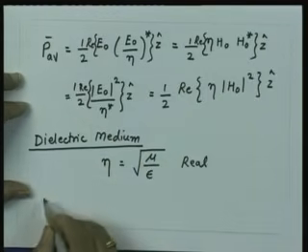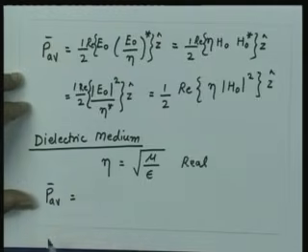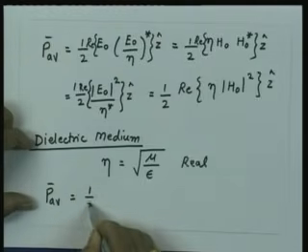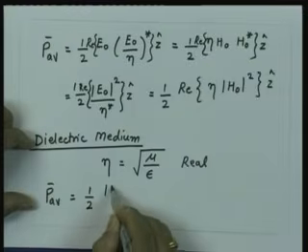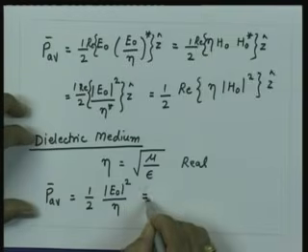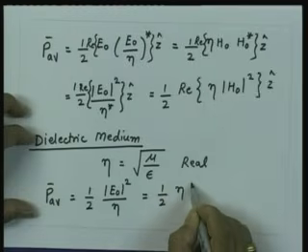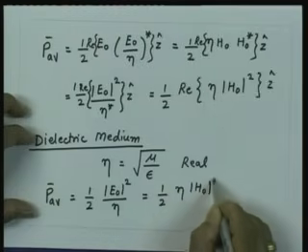In this case the average power density will be equal to half of mod E naught square by eta, which is also equal to half of eta into mod H naught square.